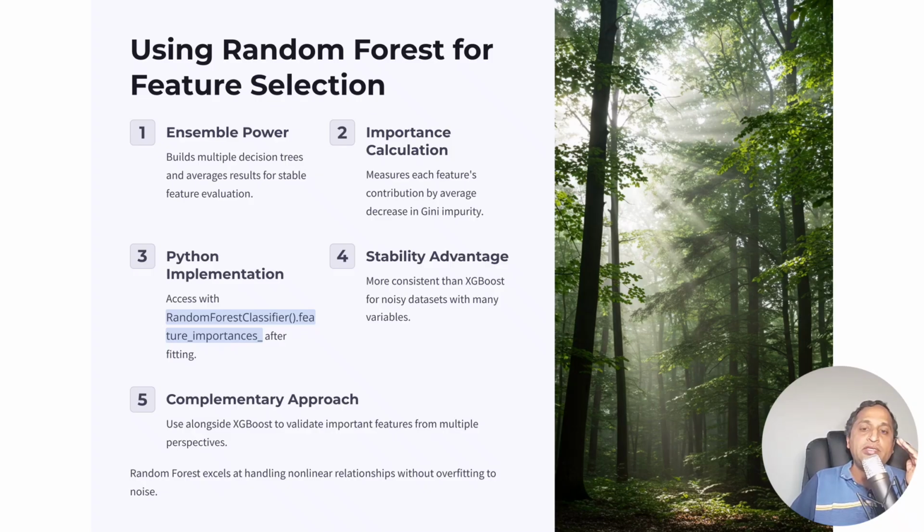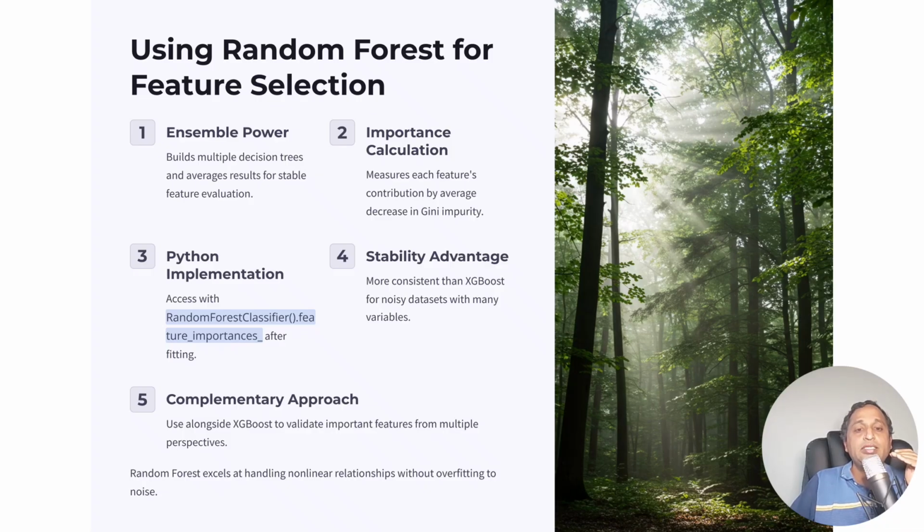It then averages the results, which makes the final feature importance scores more stable and less sensitive to noise compared to individual decision trees. The algorithm evaluates feature importance by measuring the average decrease in Gini impurity, that is, how much each feature helps split the data into pure groups. The more a feature reduces impurity across the trees, the higher its importance score.